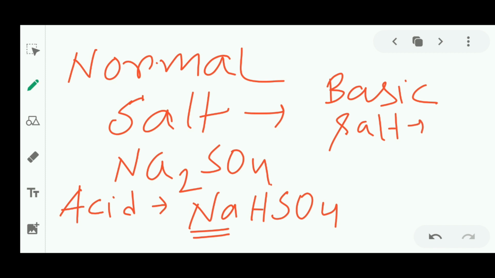What are basic salts? The salts which are produced by the partial replacement of the hydroxyl group of a polyacidic base by an acid radical are known as basic salts. Like Mg(OH)2, when it reacts with HCl, it produces Mg(OH)Cl and H2O. So this Mg(OH)Cl is a basic salt.